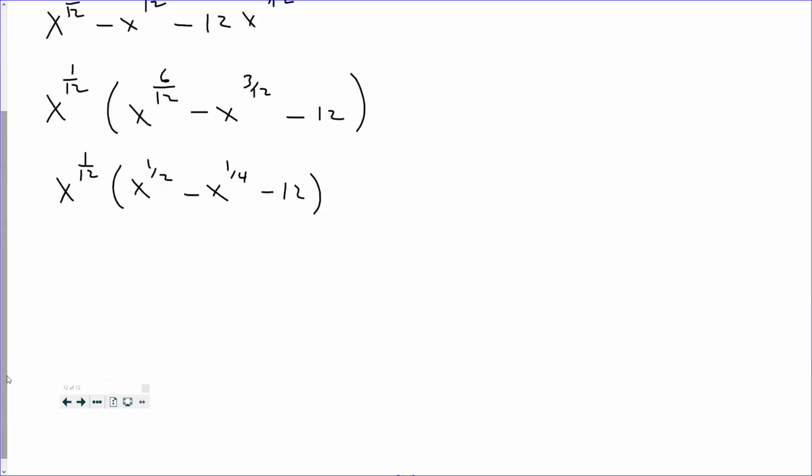And in this case, I'm going to do u substitution or whatever you want to call it to try to make it look a little nicer to factor. So my u is going to be the smaller one that's left over. So u can be x to the 1/4. I'm picking that because u squared is x to the 1/4 squared, or just x to the 1/2.